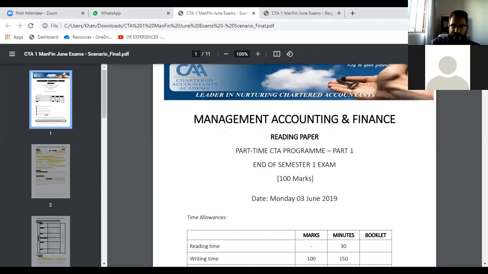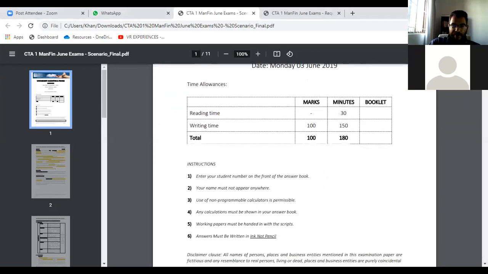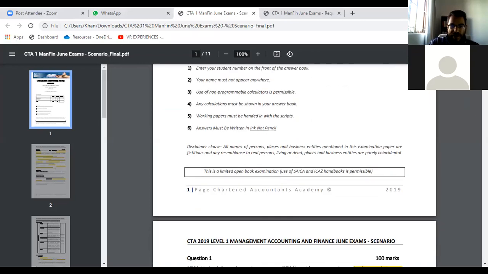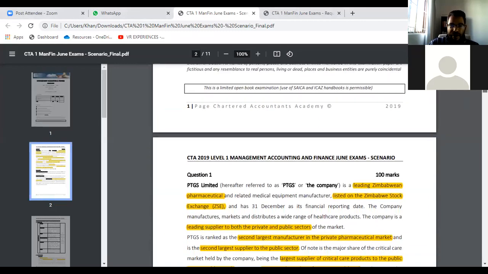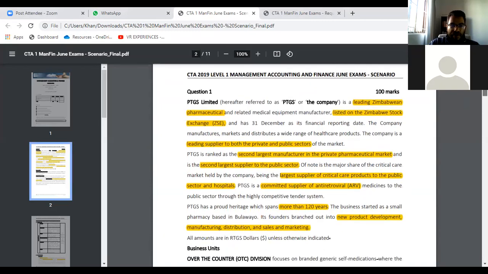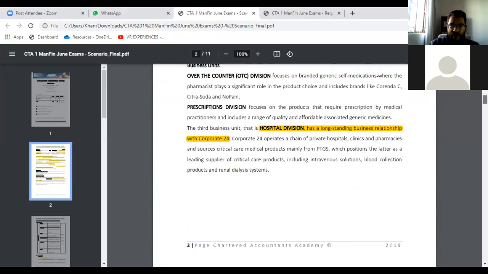So this is the scenario. This is the question paper and exam. The scenario looks quite nice. It's giving a real scenario. So here you can read the overview of the business and all of those type of things.